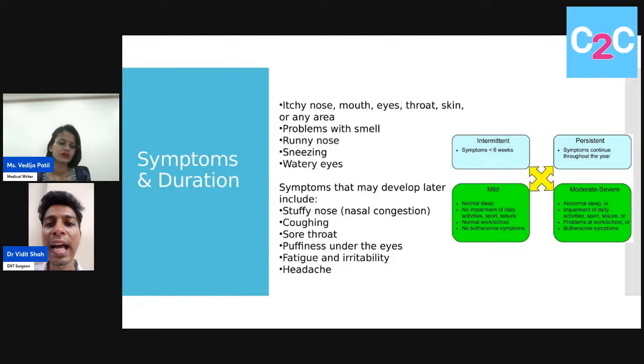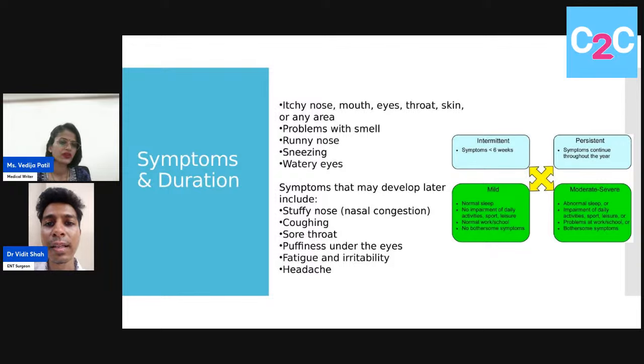This is what we call allergic shiners. And what classically happens also in such patients is that they have puffiness around the eyes at a later stage, and you might also see a bluish tinge right under the eyes, which is a pickup sign for a clinician that this patient is having a severe form of allergic rhinitis.